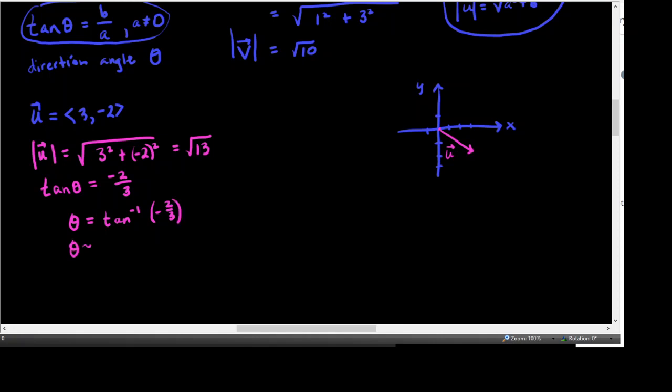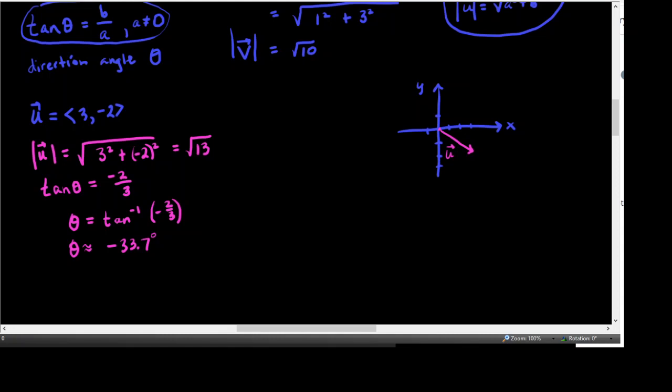And using our calculators, we get an answer of -33.7 degrees, assuming we want degrees for that. And in fact, let's just go ahead and say that direction angles in this unit, let's just go with degree measures. That way we'll have a thing to go with.